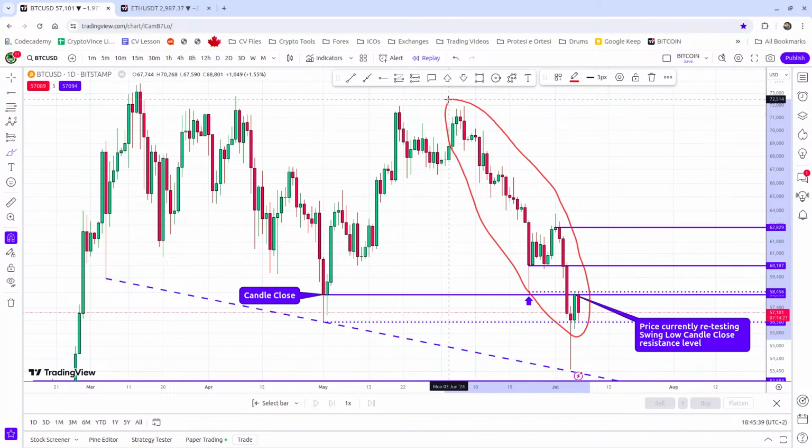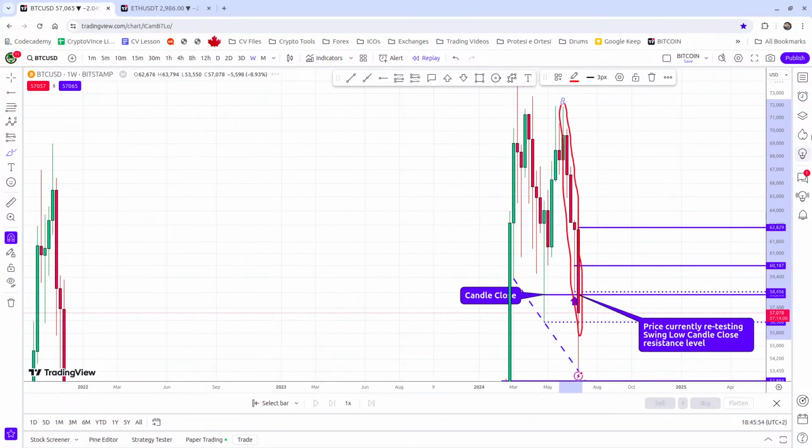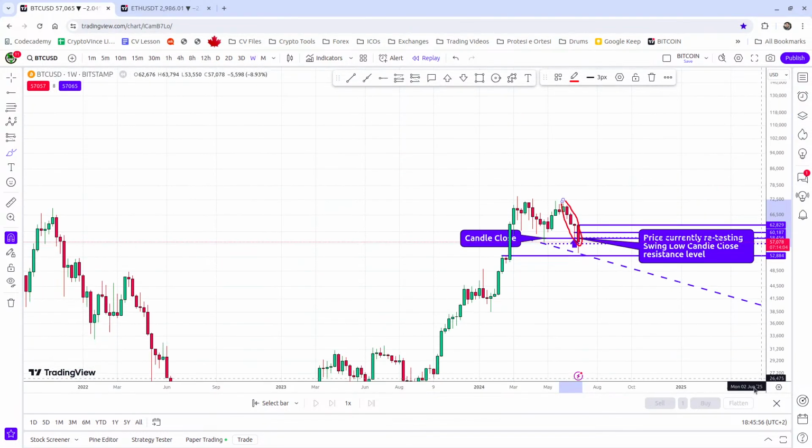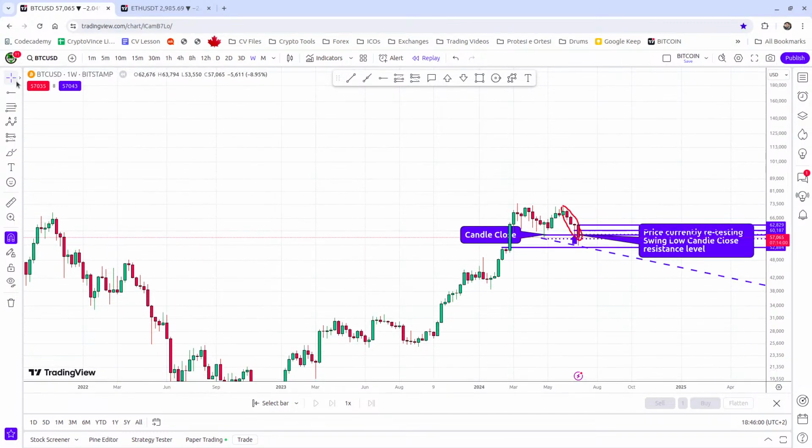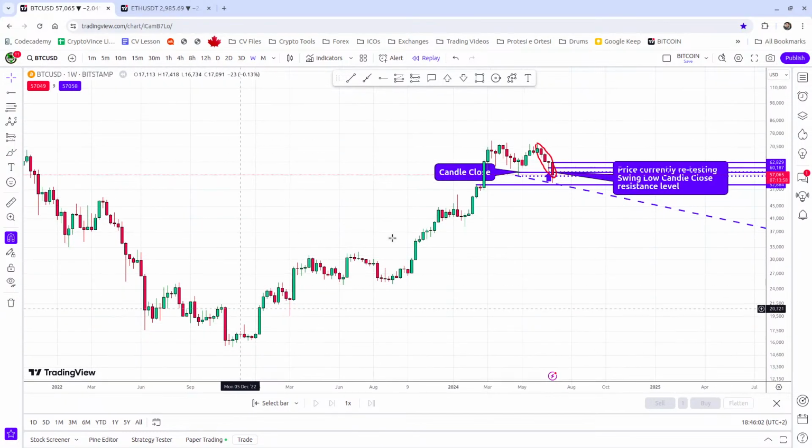And this is the reason why trading is so tricky sometimes, because on different time frames we can see different things. On the daily time frame, this is a major downtrend, but of course if we switch to the weekly time frame, we will see a massive uptrend. So this is still an uptrend.